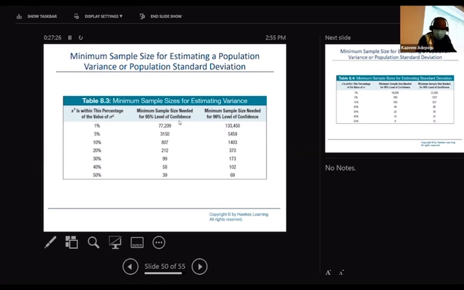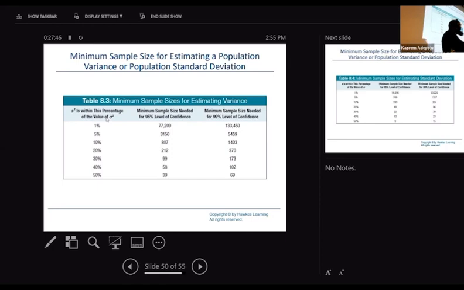That is why, for the sample size at 95%, if it's 1%, when the sample variance is within 1% of the population variance, because let me tell you this, we don't expect the sample variance to be the same as the population variance, but we're trying to talk about the distance.